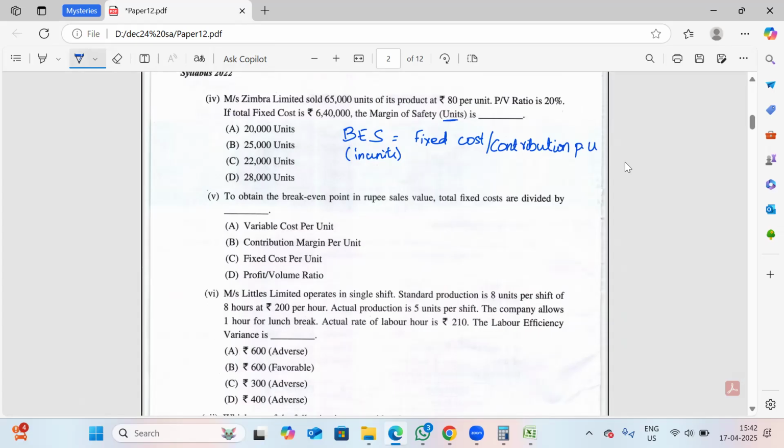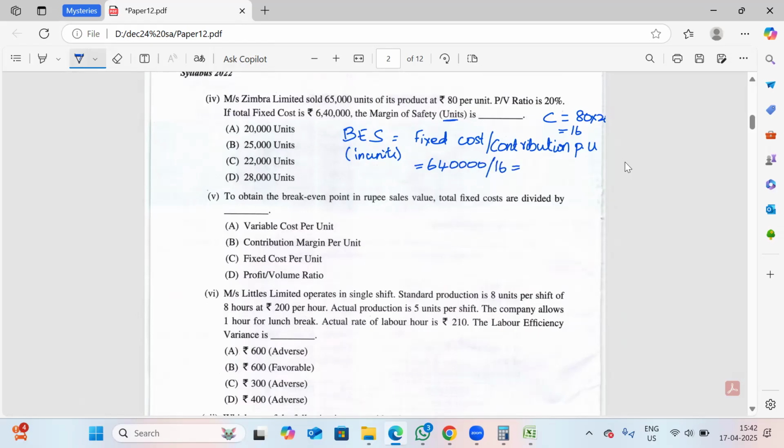Selling price is 80 rupees and the PV ratio is 20 percent, so contribution will be 16 rupees. My fixed cost is 6,40,000 divided by 16 rupees, so my break even will be 40,000 units.